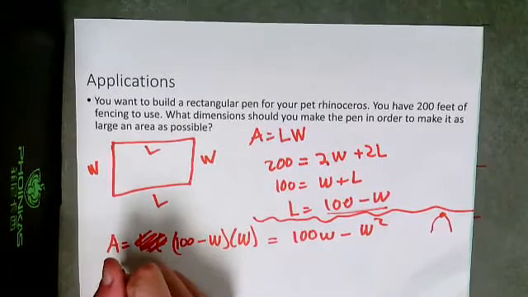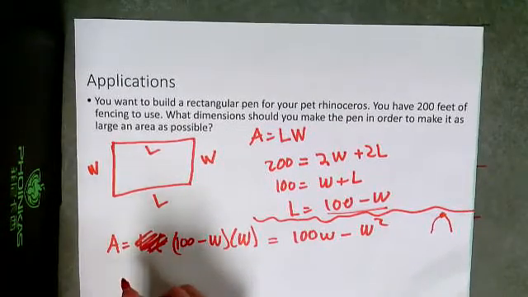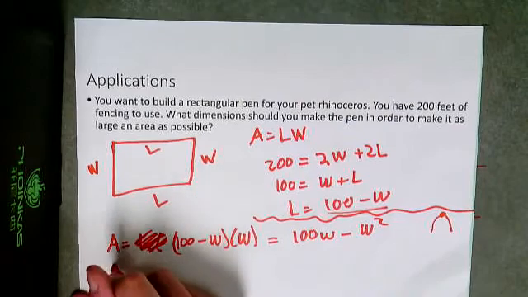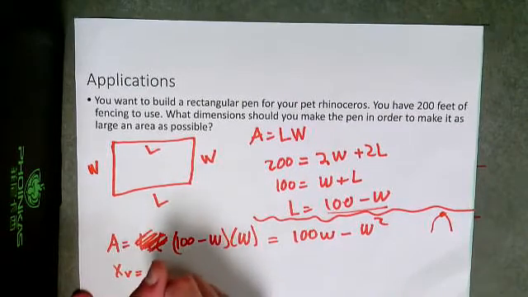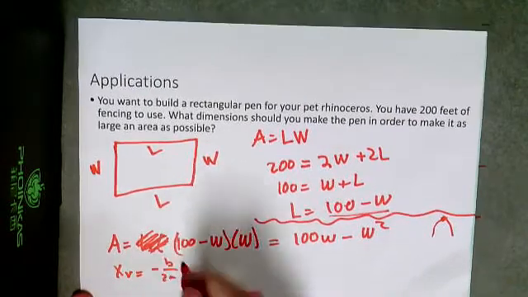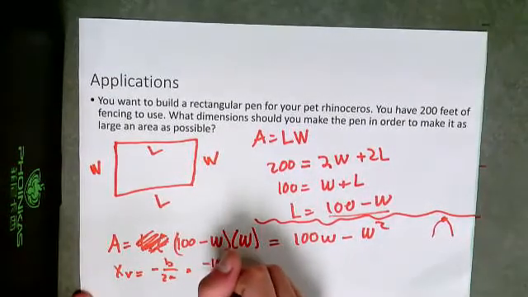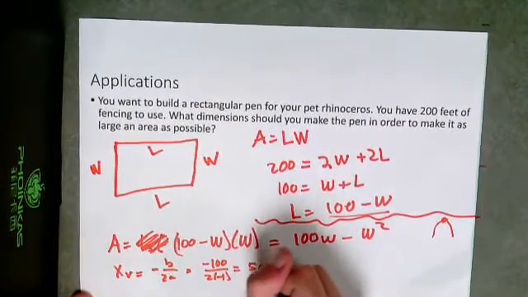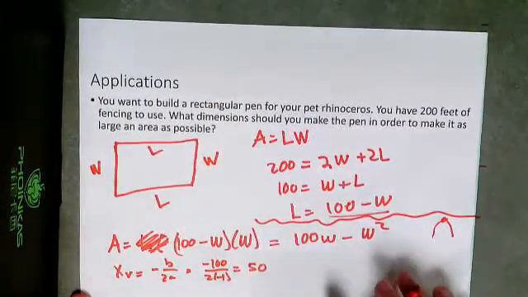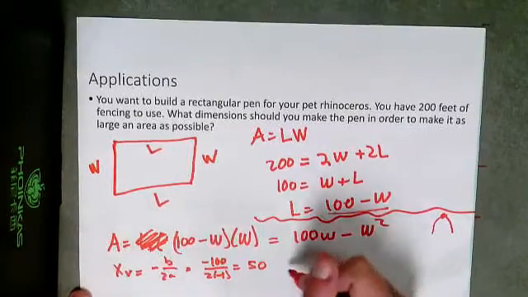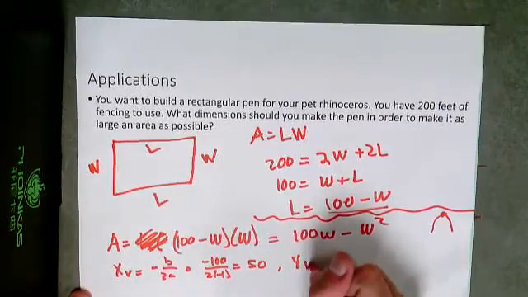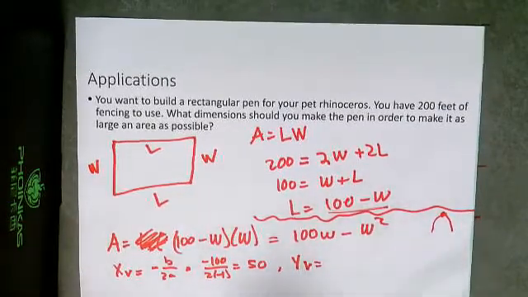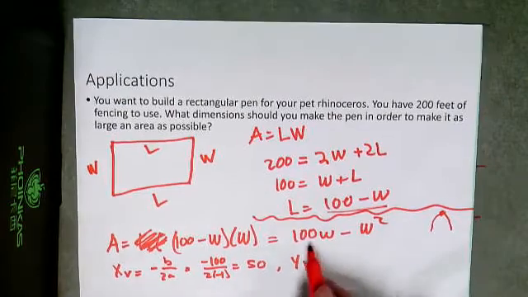So if we look at the vertex, xv is going to be negative b over 2a, which is negative 100 over 2 times negative 1, which is going to be 50. And yv is going to be, well, you plug in 50 into this.